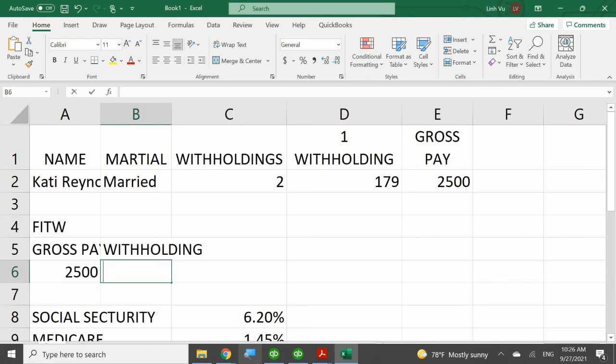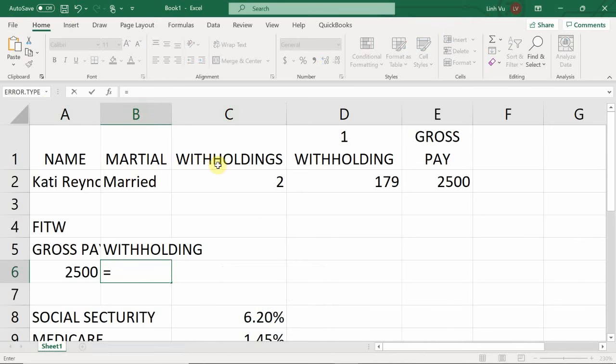The first thing that you're going to do is you're going to subtract out her total amount of withholdings.